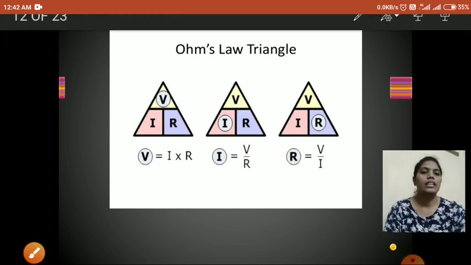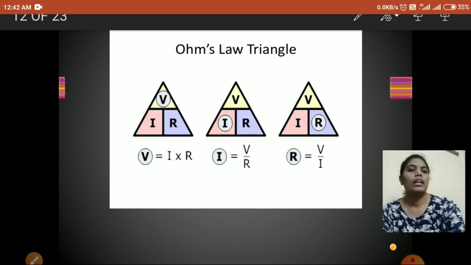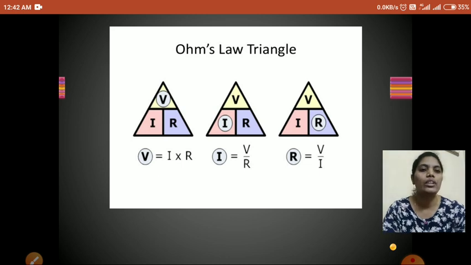And similarly in the third triangle we are expressing R in terms of V and I, where R is equal to V by I. A very, very useful triangle which gives expressions for potential difference, electric current and resistance.